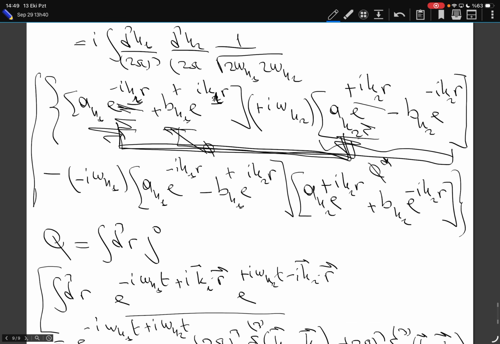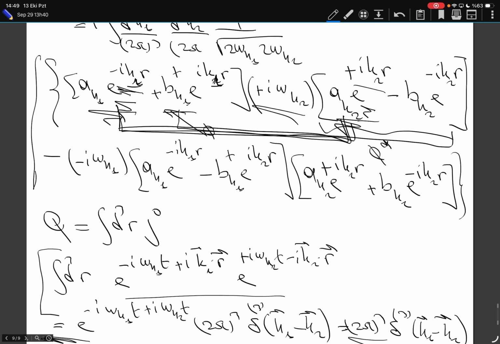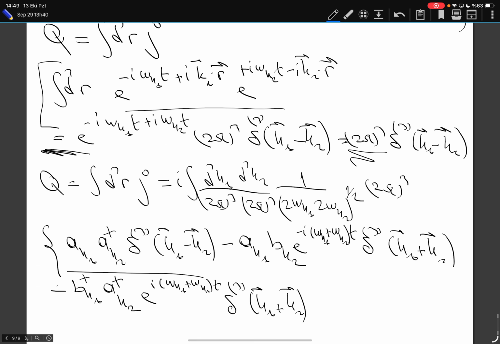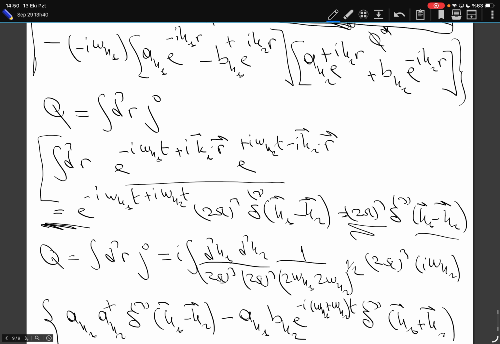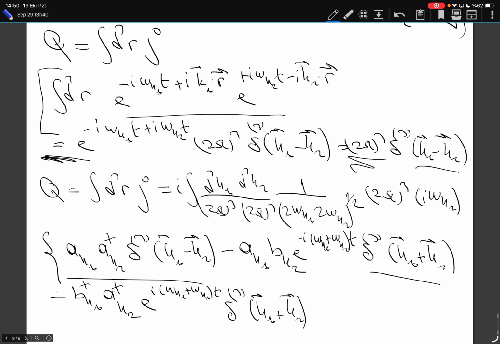And also let me not forget that I have an i omega k2 factor, which I take out because you see both of these terms have, okay, I'm kind of jumping some steps, all the terms will have either Dirac delta k1 minus k2, which will make k1 equal to k2, which will make omega k1 equal to omega k2, or I will have Dirac delta k1 plus k2, which will make those two momenta with opposite signs, but since omegas depend only on the square of the momenta, changing sign won't make any difference.